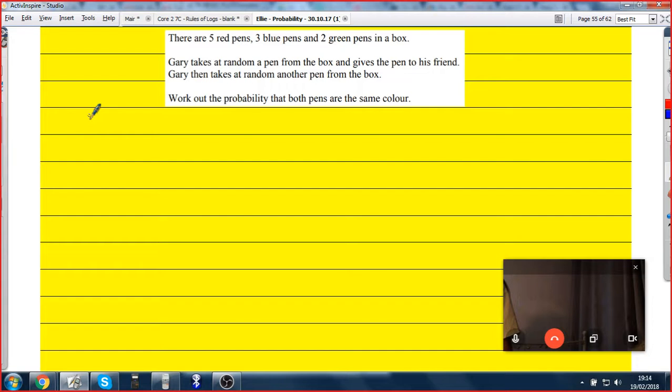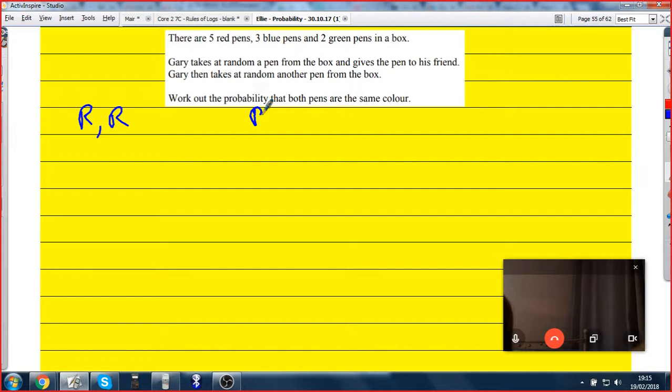Red, blue, green. So let's say you take a pen out. It's red. What would the next pen have to be? Red. Yeah. Okay. Another successful outcome would be blue and blue. Yeah. And green and green. That's it. So those are your 3 big chances.